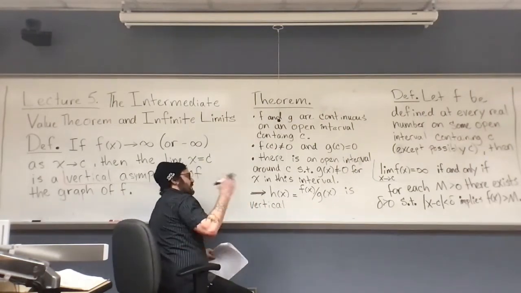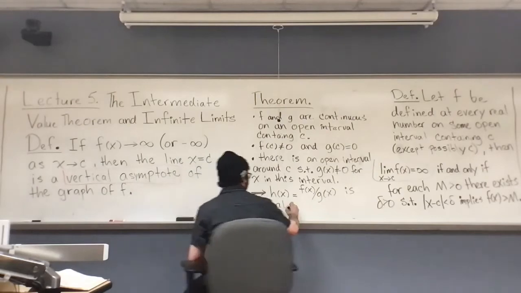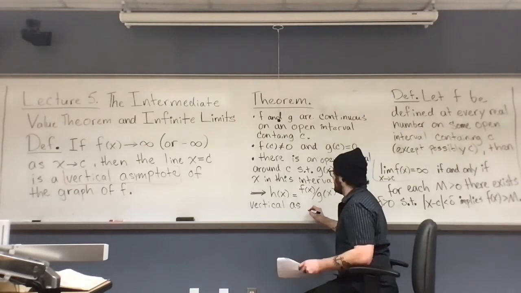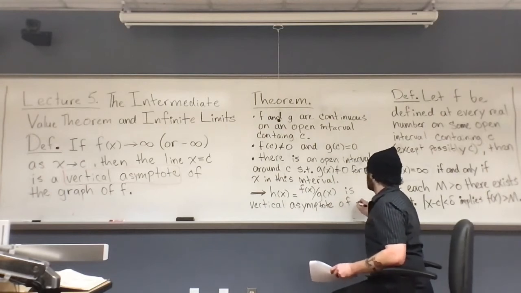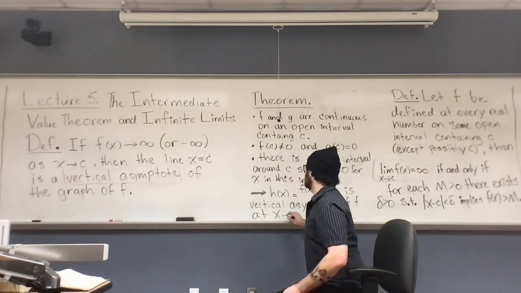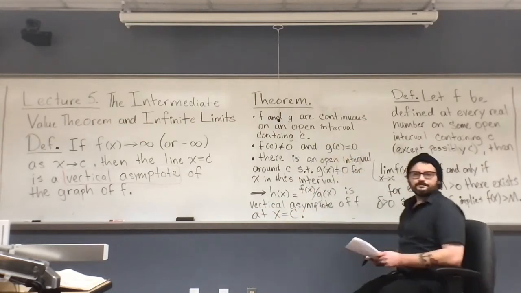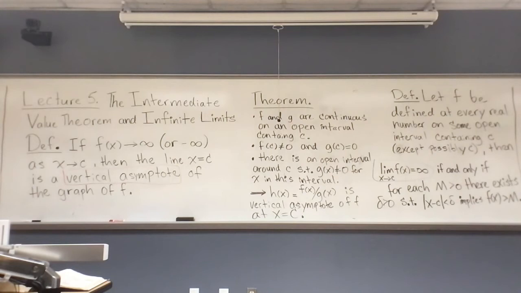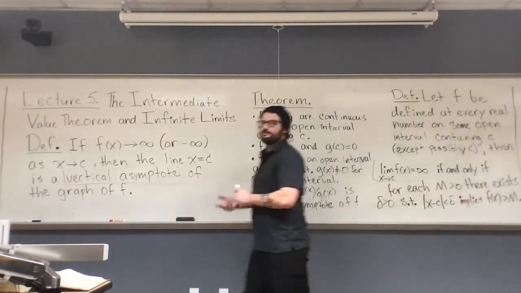A vertical asymptote at x equals c. Now, I definitely needed to write this theorem out and talk our way through it with an example, because this is the main theorem to find the vertical asymptotes of a given function.